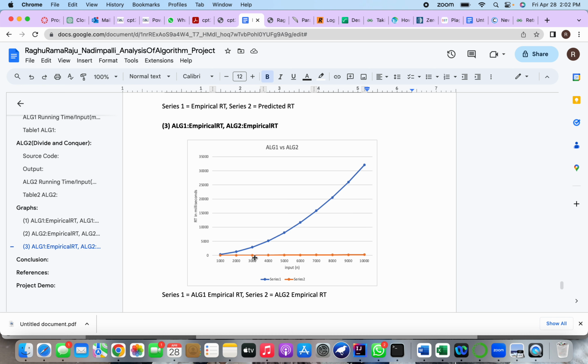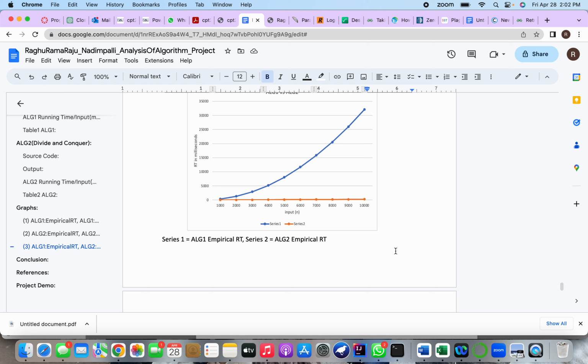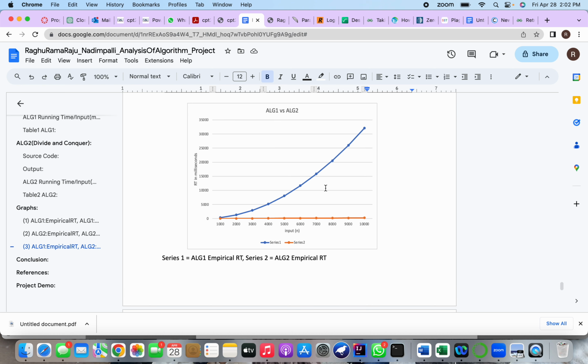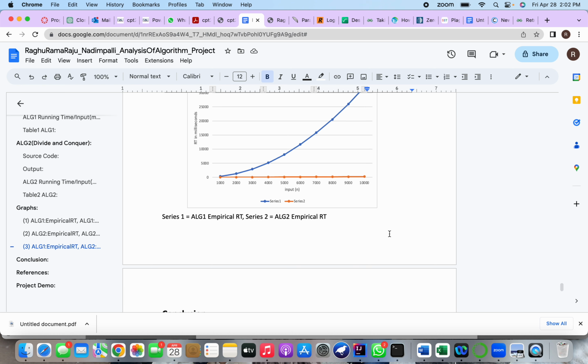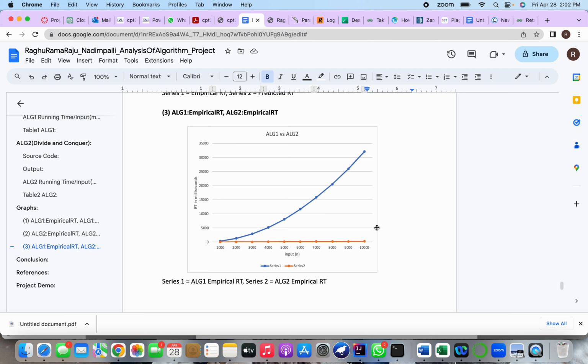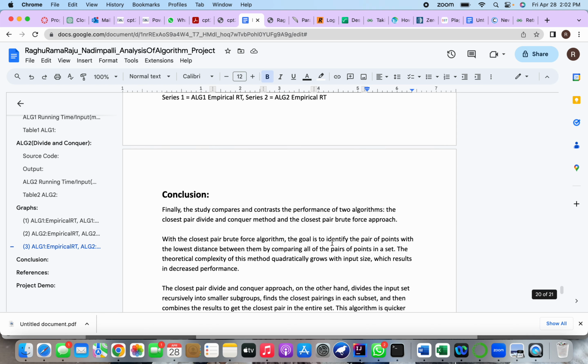My divide and conquer running time looks almost 0, but they're not 0. There is some time, but when compared to brute force, they almost look like 0. That means they're much faster than the brute force. The divide and conquer works much more effectively.